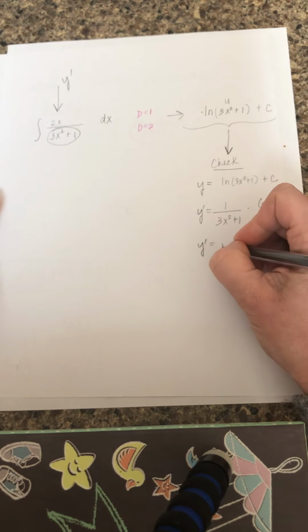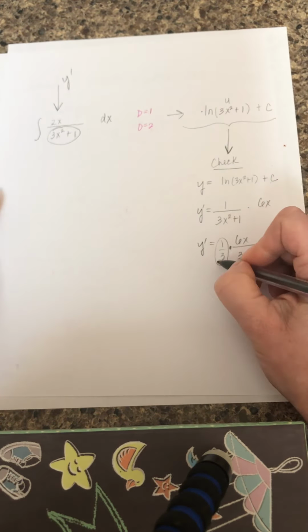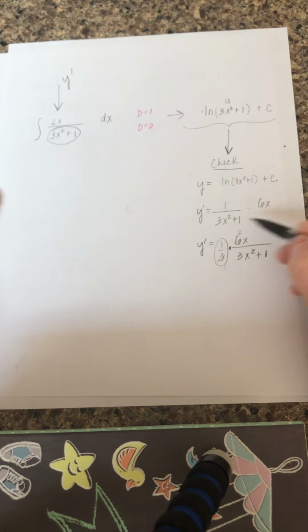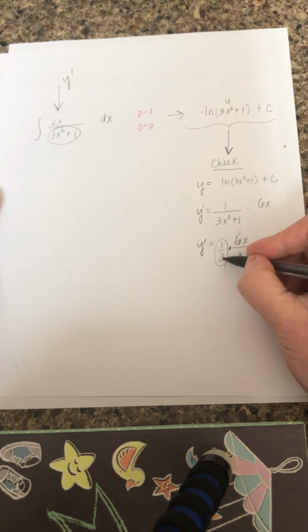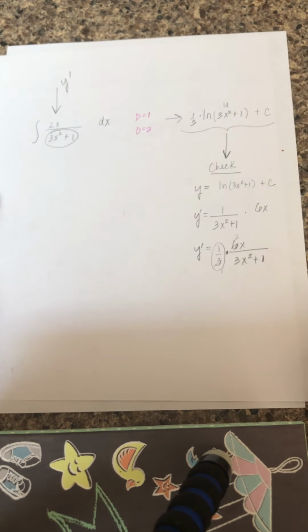And we can easily do that if we multiply by 1/3, right? If you think about it, if you multiply by 1/3, this 3 would cross-reduce with this 6, and we would get the 2x that we need. The 3x squared plus 1 would be untouched. So that is what our antiderivative is off by.